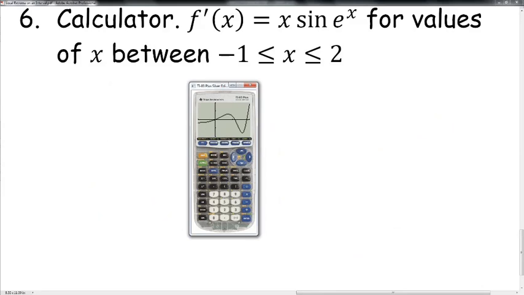And so I want you to notice between x is less than 0, my derivative is negative. That means my function is decreasing. Afterwards, my function becomes positive, and that means my function is increasing. And so we want to find, I have 3 x-intercepts.